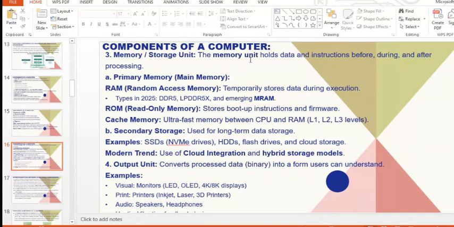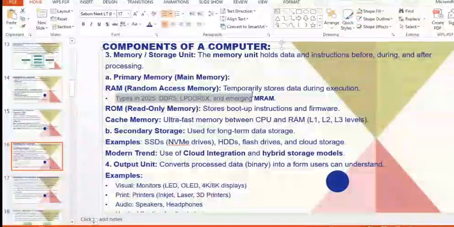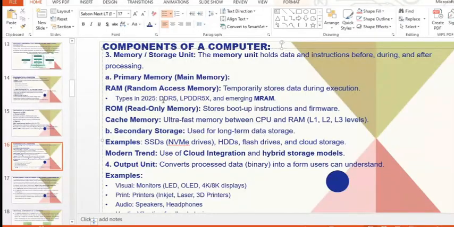This memory unit is able to hold the data temporarily and instructions before, during and after processing. You have the main memory, which is the primary memory, what we call the random access memory, where you're able to temporarily store the data during execution. These are the types of the memories. And of course, the old, traditional one, we have the ROM, which is the read-only memory, where you're able to store boot-up instructions and the firmware.